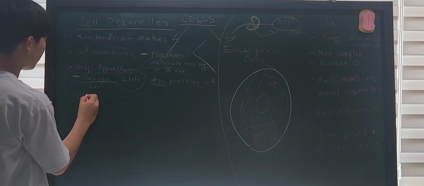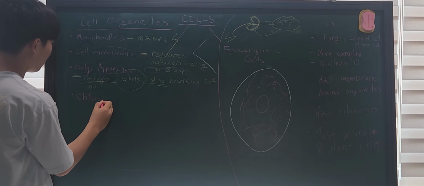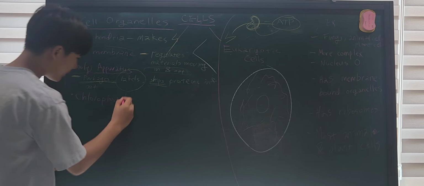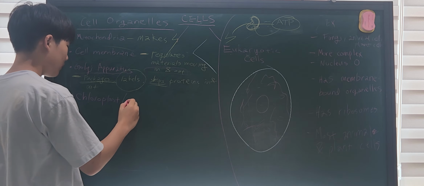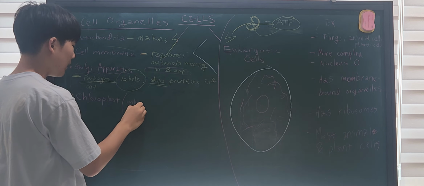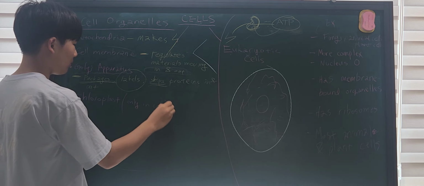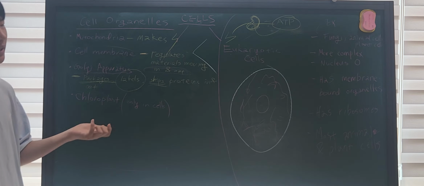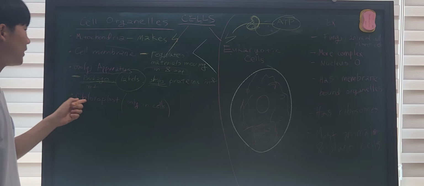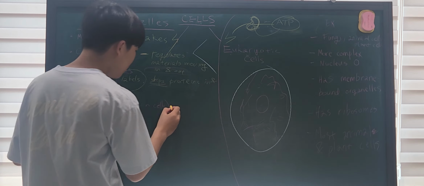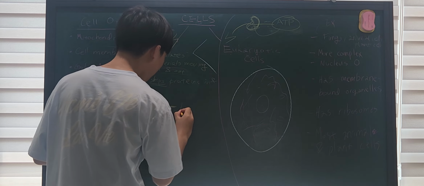Next, let's see about the chloroplast. The chloroplast is only in plant cells. You know why? Because it plays the most crucial role in photosynthesis.